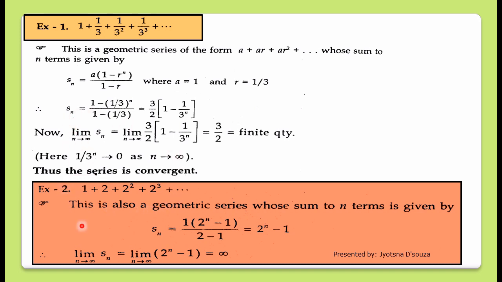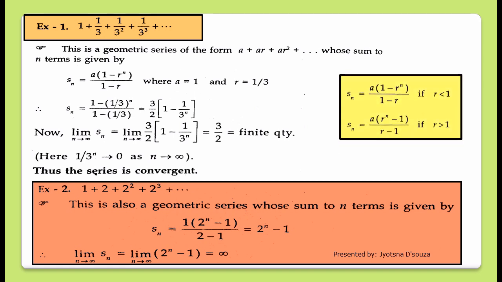Now if you compare example 1 and example 2, in the first example our r is equal to 1 by 3, whereas in this second example our r is equal to 2. In the first example r is less than 1; in the second example r is greater than 1. So in that case, the sum of the n terms is given by a different formula.